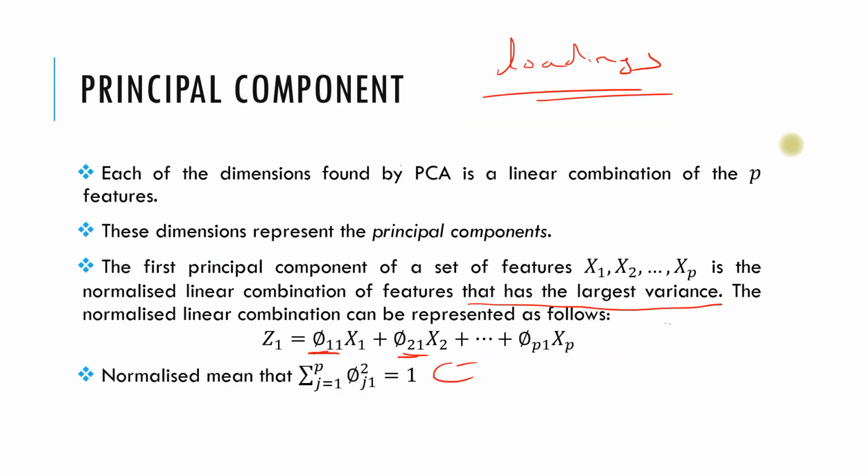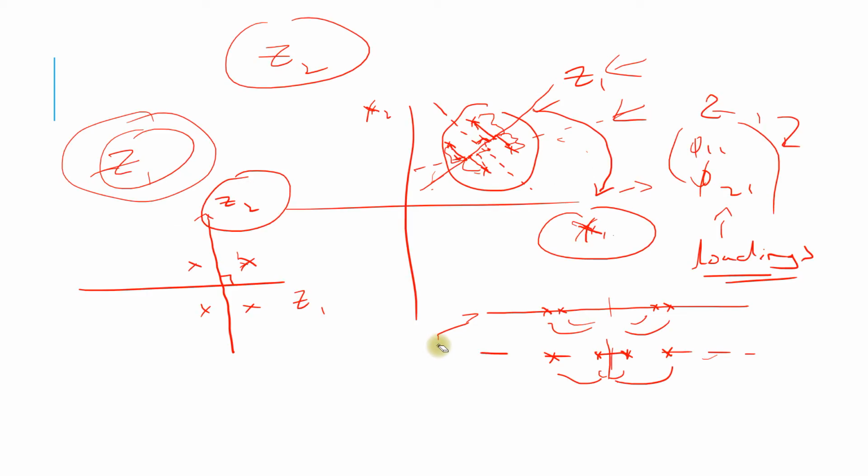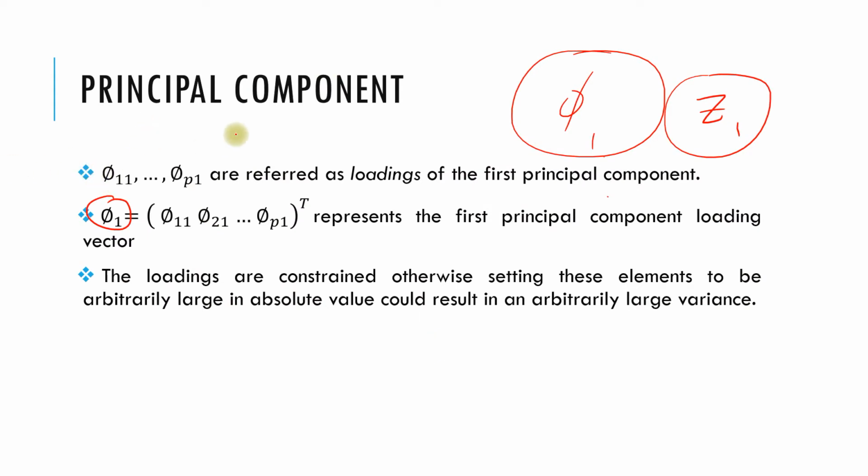Remember what a principal component is. It's a linear combination of your random variables. So phi 1 is basically representing your first factor loadings. And then you have to understand that you can get a phi 2 as well.